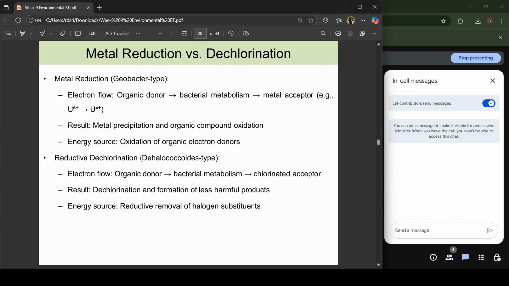So in this case, dechlorination happens and the toxicity or the harmfulness of the contaminant is reduced. And here the energy source is the reductive removal of halogen substituents. So that is the main distinguishing feature in dihalocolloids.